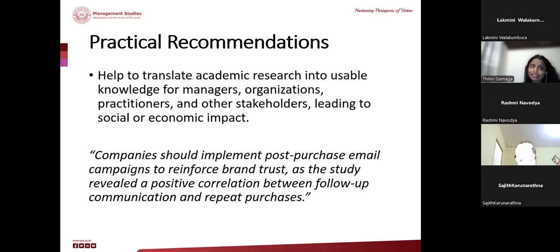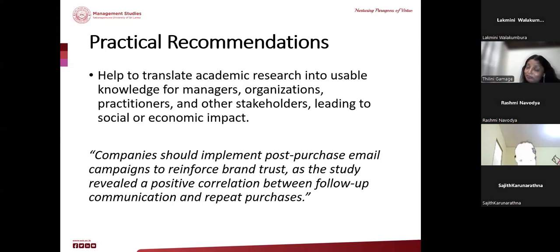So these practical recommendations will allow you to bridge the gap between academic findings and real world applications. That's a misconception that academic research is not important, because academic research and the real world practice are completely different.